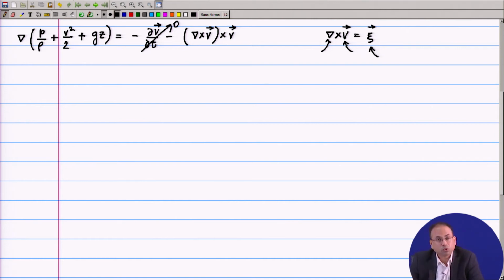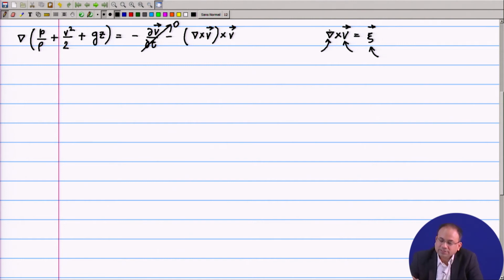If this is 0 i plus 0 j plus 0 k in the Cartesian system, then your flow field is irrotational. However, if it is not a zero vector, then your flow field is rotational.